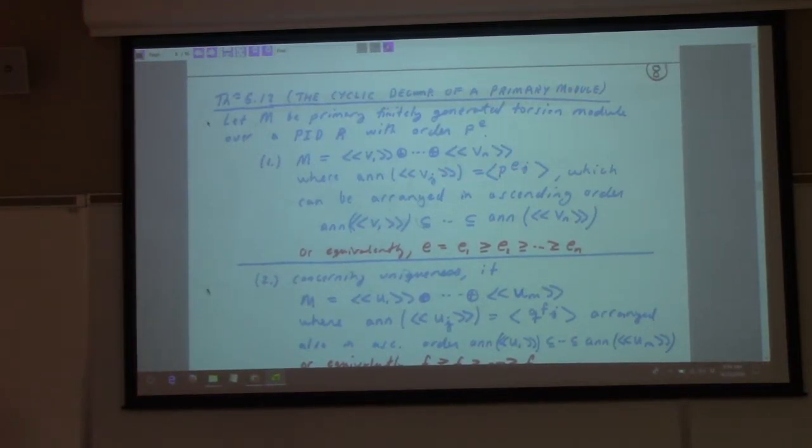The point is that each one of these annihilators is nothing more than the ideal generated by this prime power in the ring.